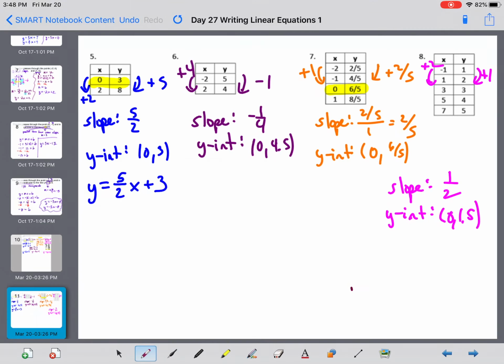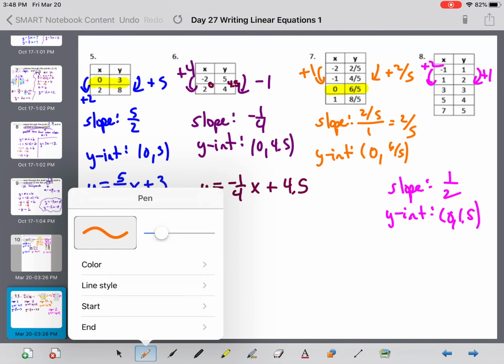This one, interesting to find the y-intercept. If 0 is halfway in between -2 and +2, then halfway in between 5 and 4 would be 4.5. So that's what I did there using my table to help me find out what my y-intercept would be. So I'm going to get y equals -1/4 x plus 4.5.